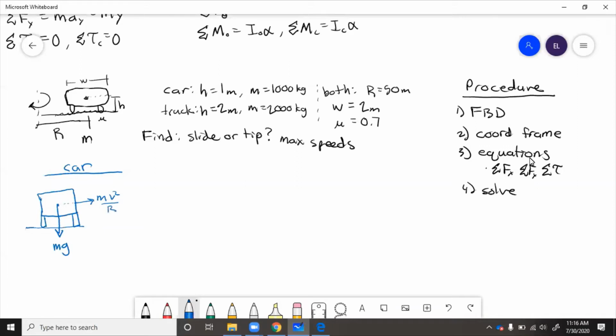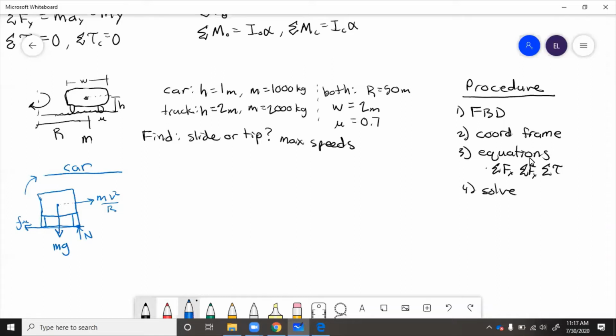We've got the friction force trying to hold it in, F mu. And then we've got the normal force. So if the car is trying to flip, it's going to try and flip that way. So we know that at the point right before it flips, the normal force is going to be acting on this point. Because if it's just going straight, you'll have half the normal force acting on each side. But as the car is starting to tip, then the normal force on the left side goes down, normal force on the right side goes up, until finally, when you're tipping, all of the normal force is on that same side, the tipping side.